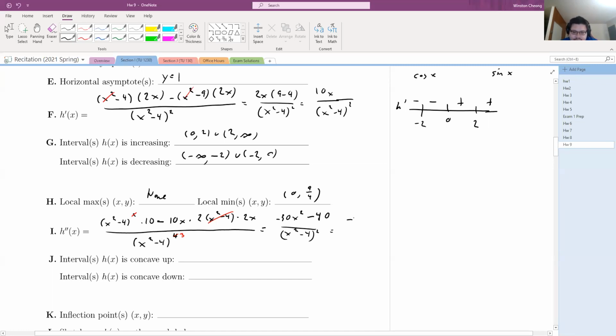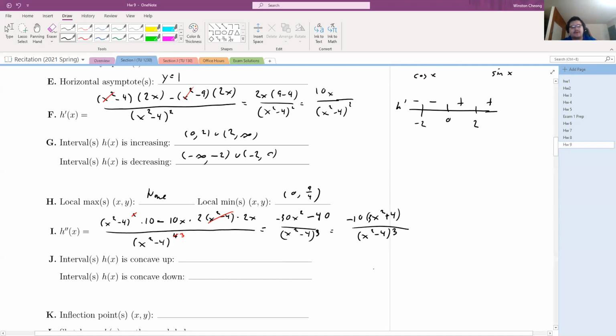So this is a negative 10 in front, x squared plus 4, there's a 3. Yeah, 3x squared plus 4 over x squared minus 4 cubed. That should be a cube. Okay. Yeah, so that matches with what I previously did. So that's right. Okay. Yeah, I'm making stupid mistakes right now.